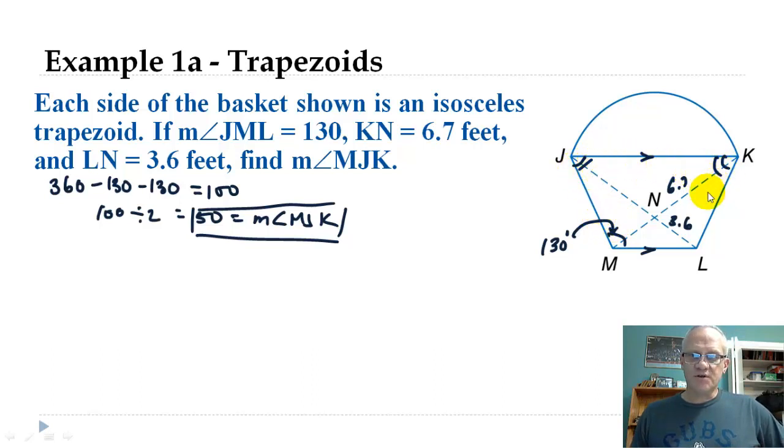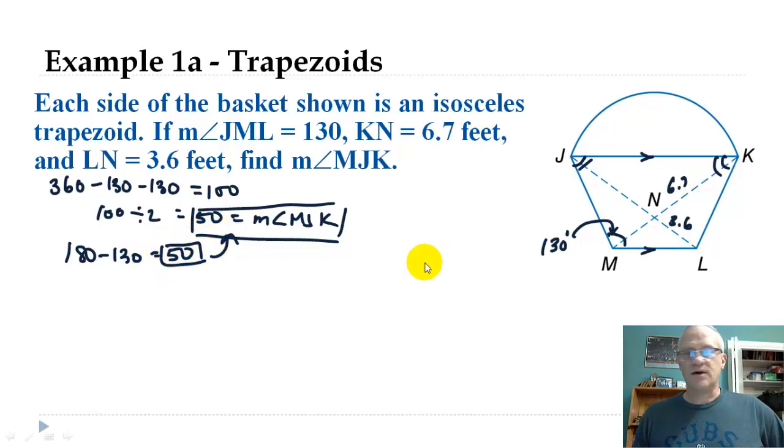This isn't true in a trapezoid for every pair of consecutive angles, but it is true for the two angles that are on the same side in between the parallel lines. So, for example, down here, JML is 130. That angle and angle MJK together would have to add up to 180. So we could have made this even simpler: if those have to add up to 180, I could just take 180 and take out the 130, and what's left is 50. And you notice that's the same thing we got up there.